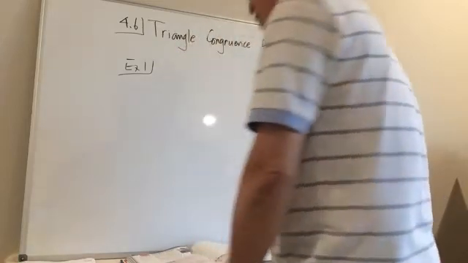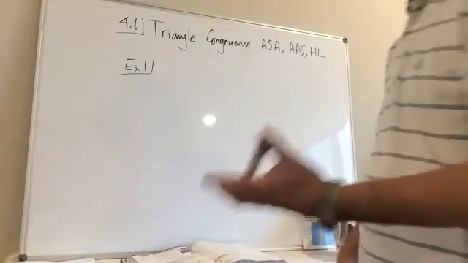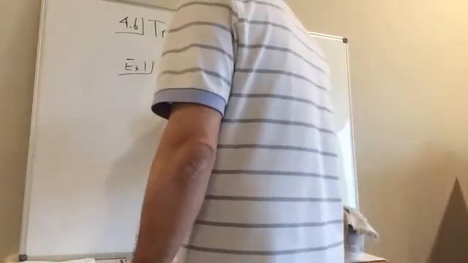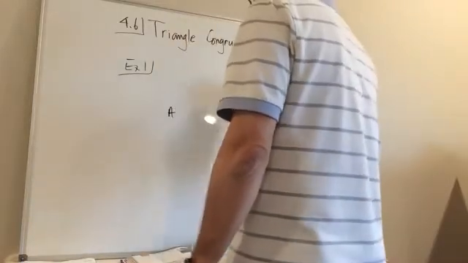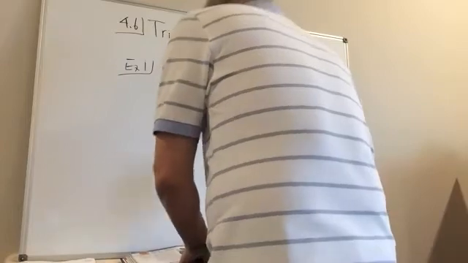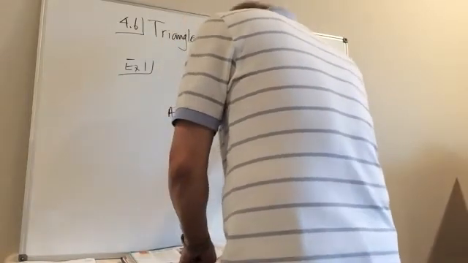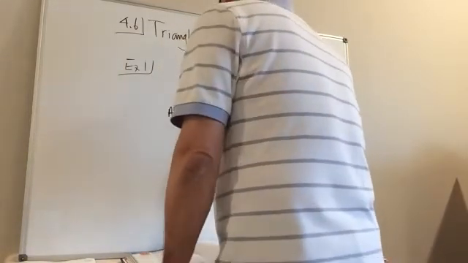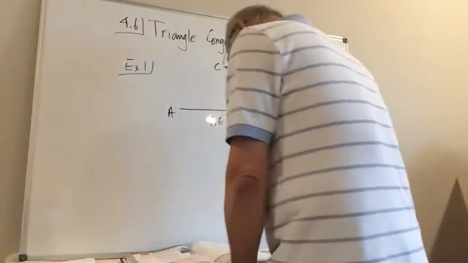In other words, can we say that the triangle is set here? So I have A to B, we have C here, and the distance from A to B is 7.6.